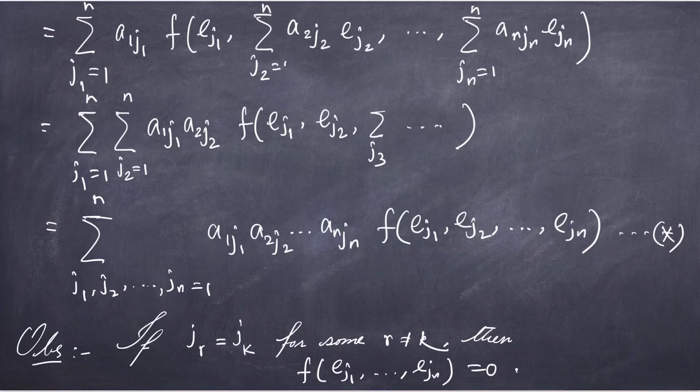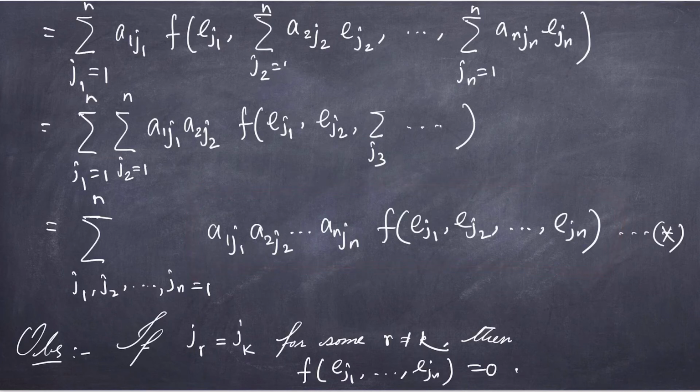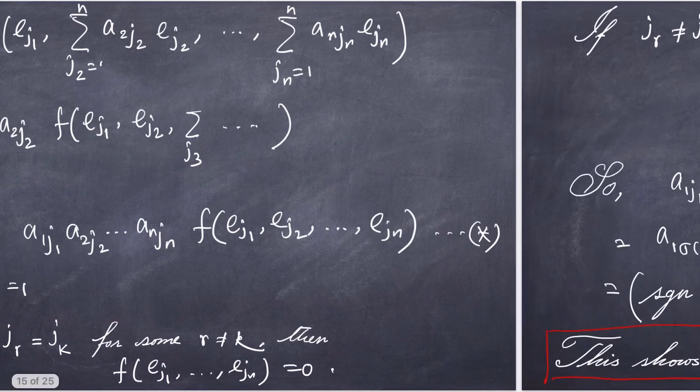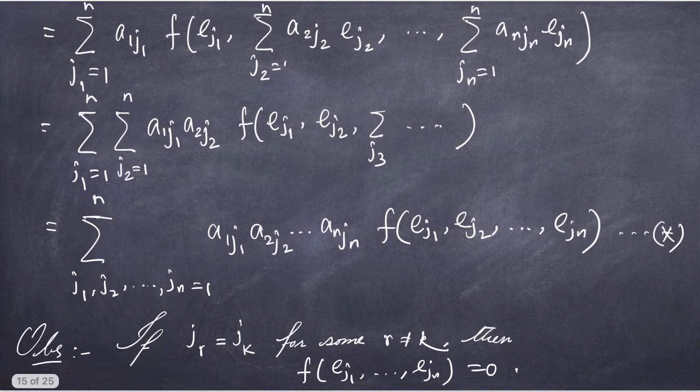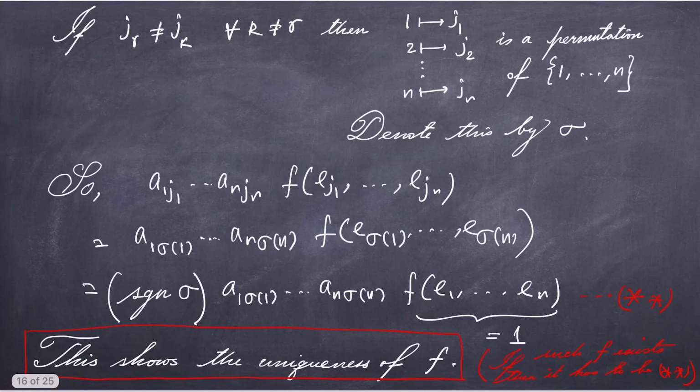So what we have seen is that if any two different ji's are equal, then such a term will vanish. The only surviving summands in this sum are precisely those for which no jr is equal to jk for all k not equal to r.